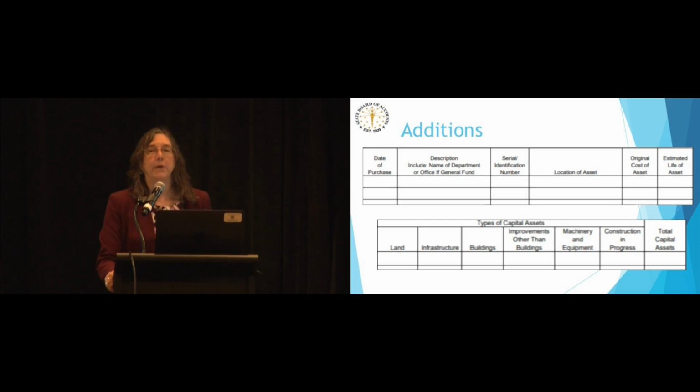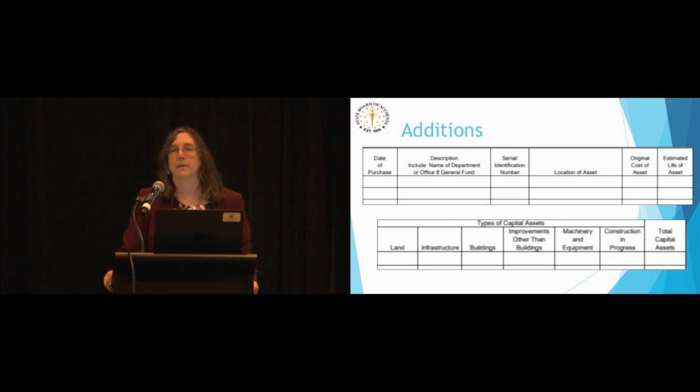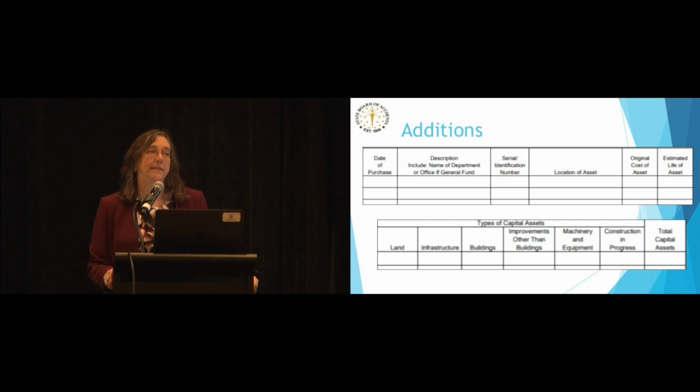If you have not kept up your capital asset records, you are going to have more work than a county that has kept them up. You're going to have to be looking back through purchases, some of your reports for prior years, and inventories with your departments: what do you currently have? There are places you can go that carry some of this information. Your highways have probably done a really good job of keeping the infrastructure information up.